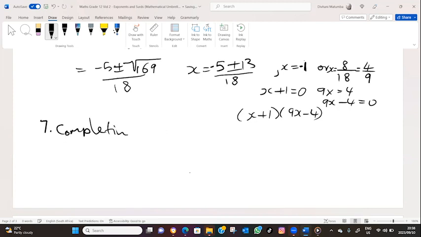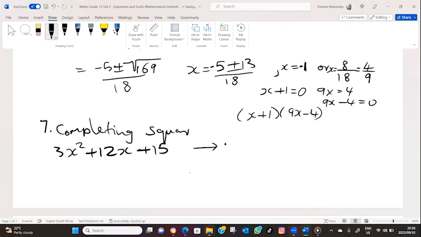Completing the square. Now, how do we complete the square? Let me give an example. Let's say, for instance, you have that expression, and you want to complete the square.